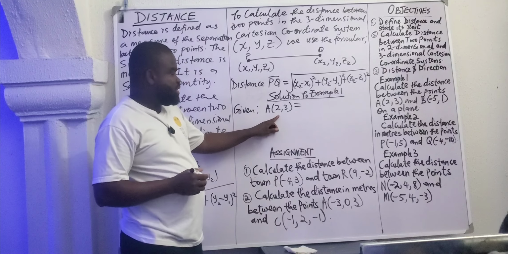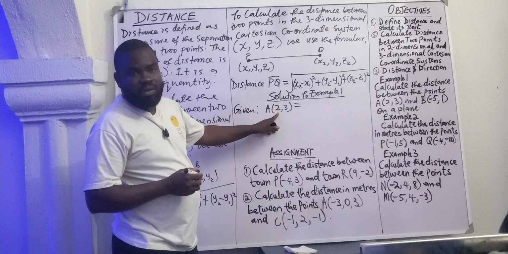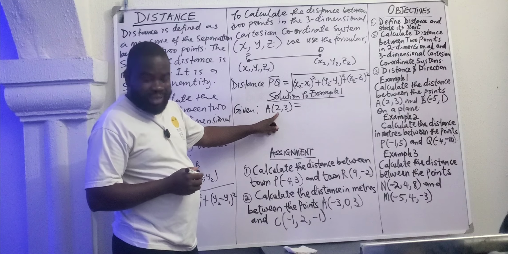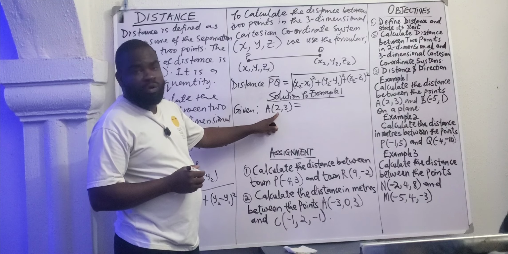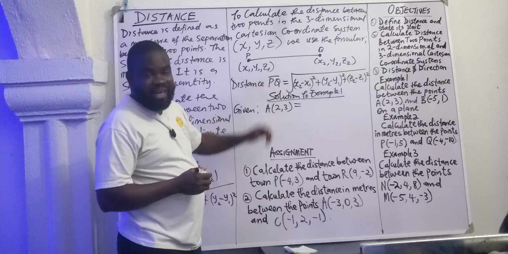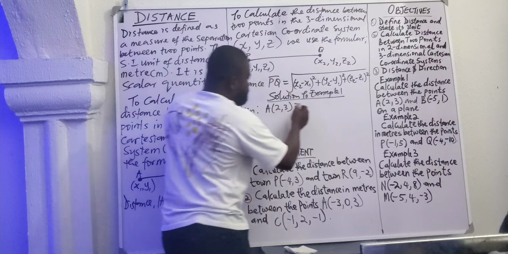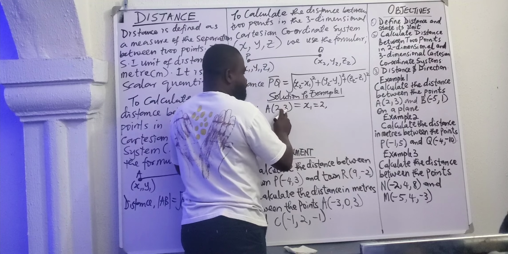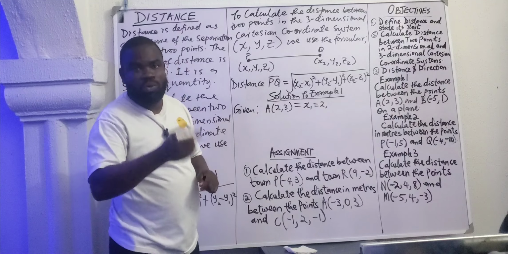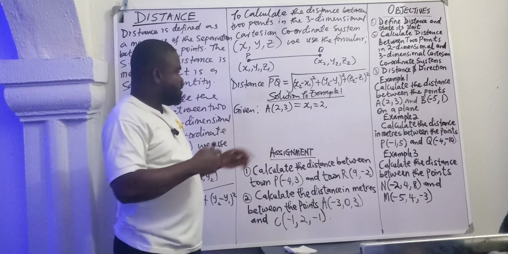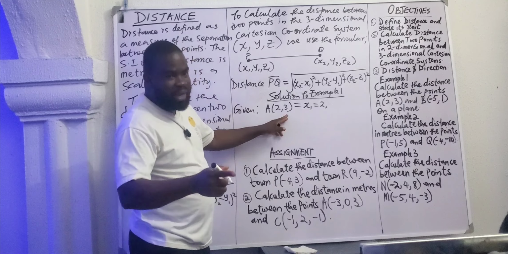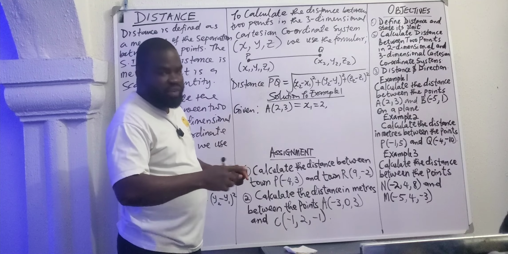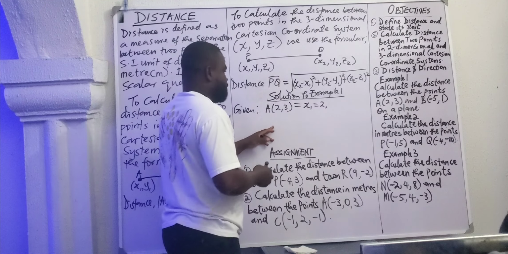The first value listed is the X coordinate value, or the value of A in the X direction. So this means that x1 is 2. And the second value listed is the what? The Y value, that is the value of A in the Y direction, in the vertical direction.